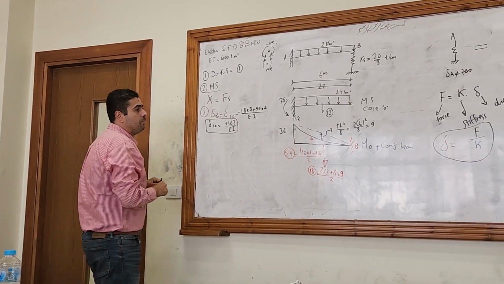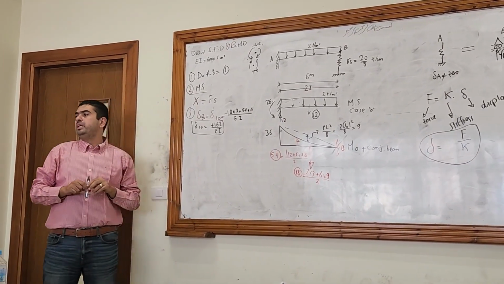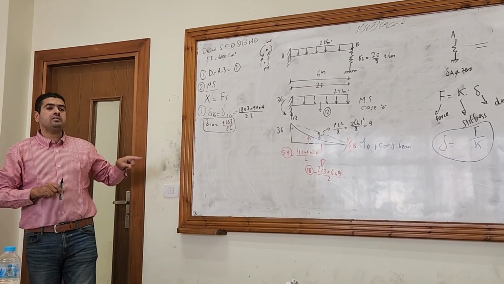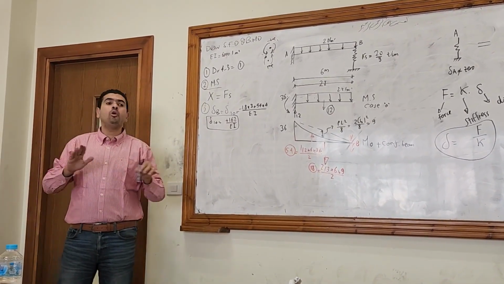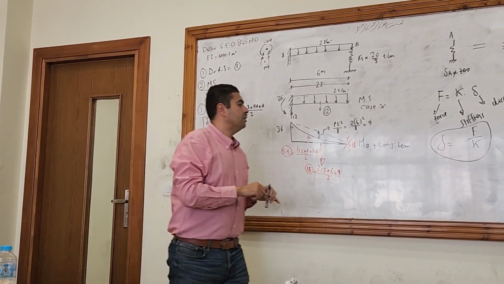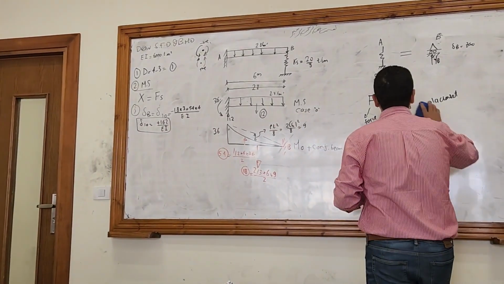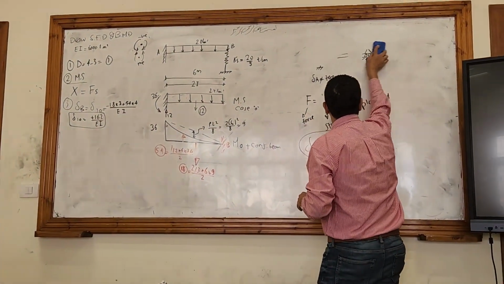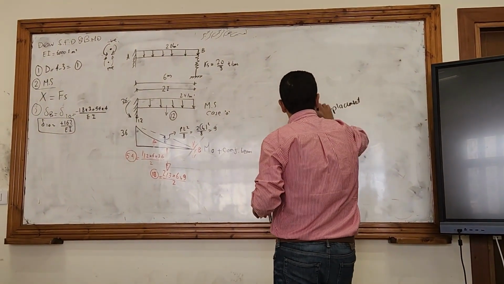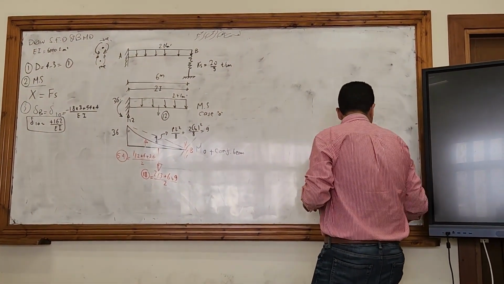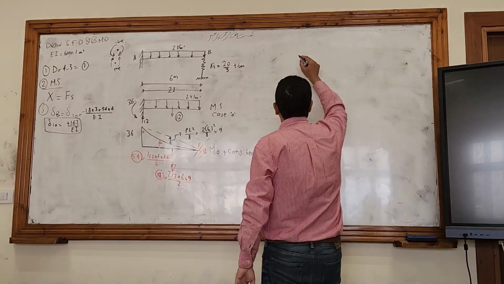Okay, what will be the next step? Please go to the main system, remove all the loads, and just put a unit load instead of the redundant you removed. Okay, so here is the main system.